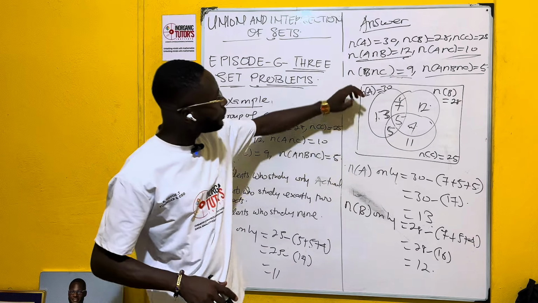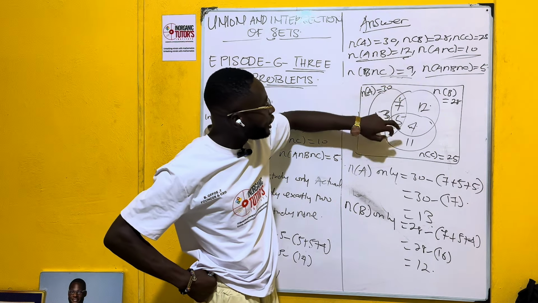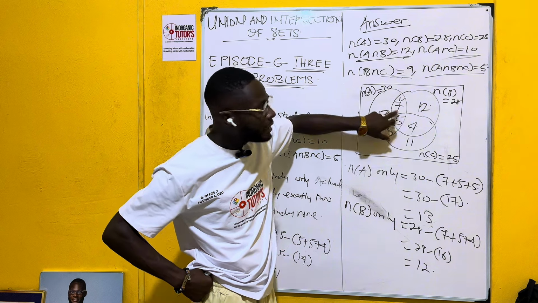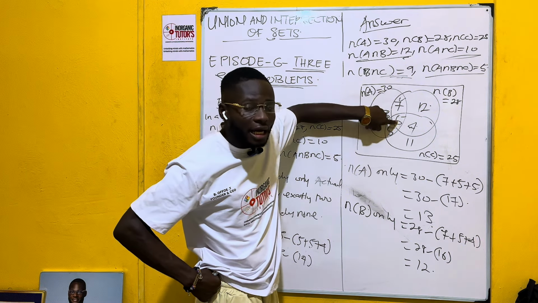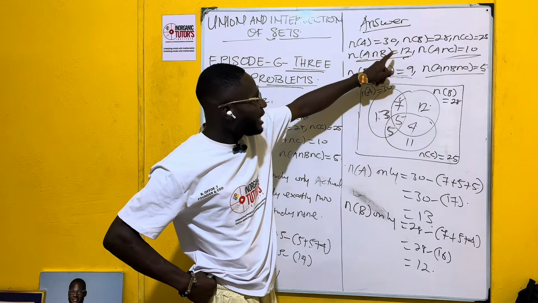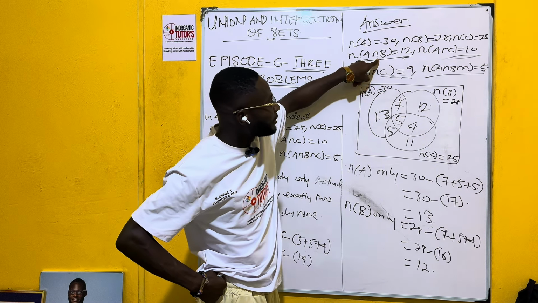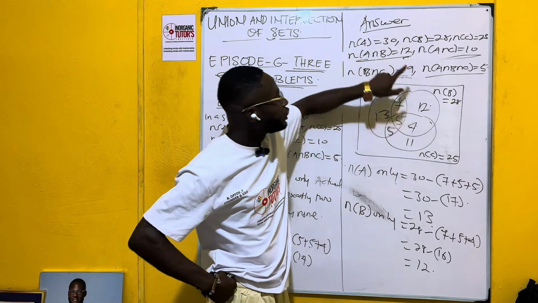Very easily. If you want this section only, you take this particular element, that is the center, from the intersection that you have been given, right? We were given the intersection between A and B to be 12.